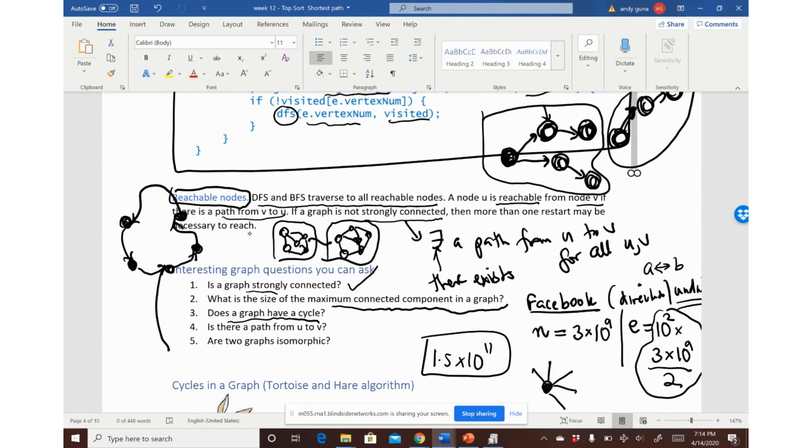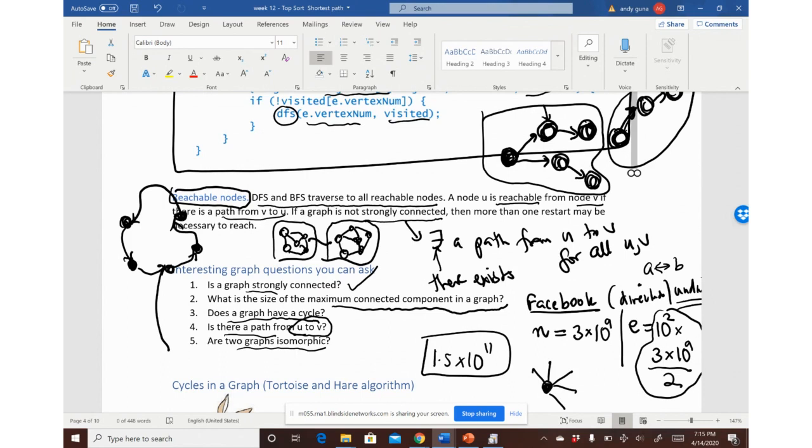Then you could ask, if you give me a U and a V, is there a path from U to V? In the Facebook context, if you give me 2 random people, can I find a friendship connection through the Facebook graph to get from U to V? And there are other questions that are more mathematical.